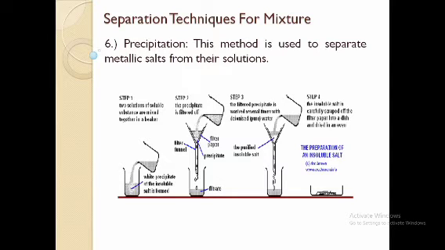Precipitation can be used for the purification of a solvent that can be added as an aqueous solution of a substance. So if the substance is insoluble in the second solvent added, the pure form of the substance is then precipitated.